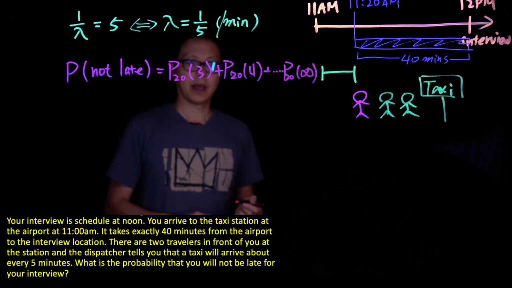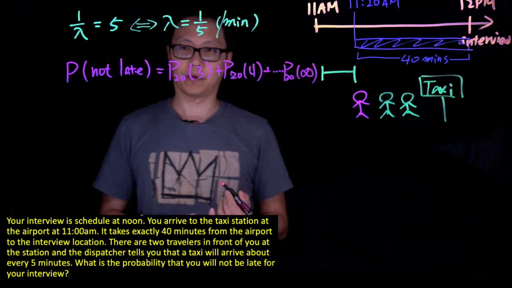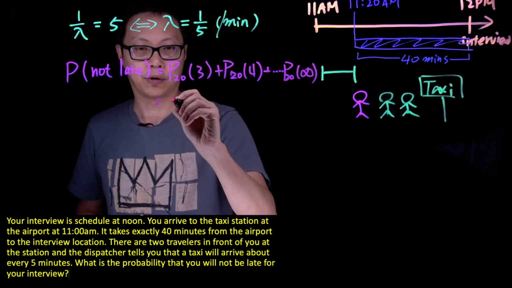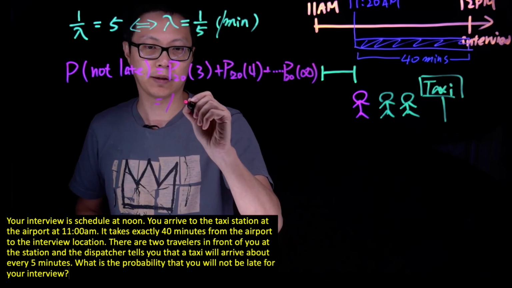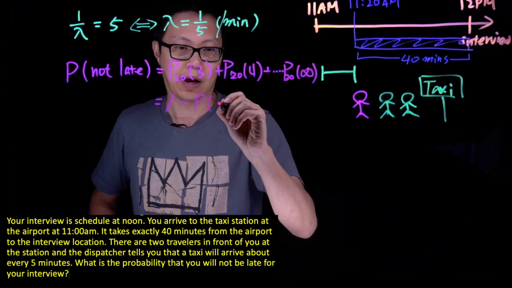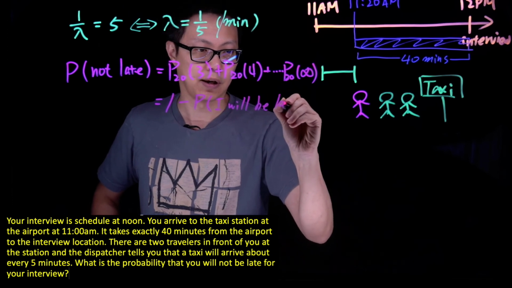Okay? And similar to the previous questions, we know this is very difficult to calculate, so I can use a different rule. I want to use 1 subtract by the probability that I will be late.